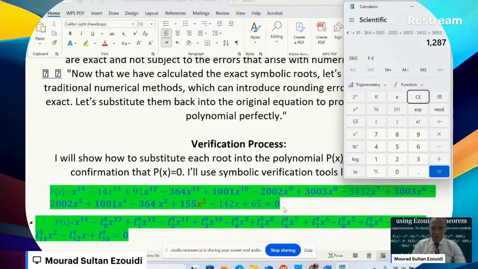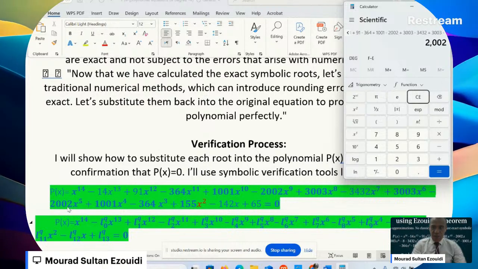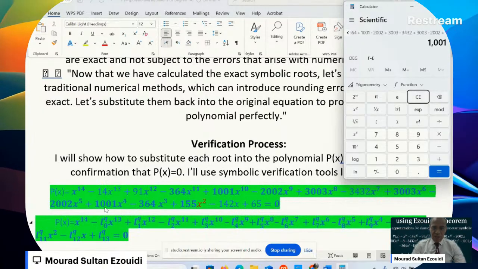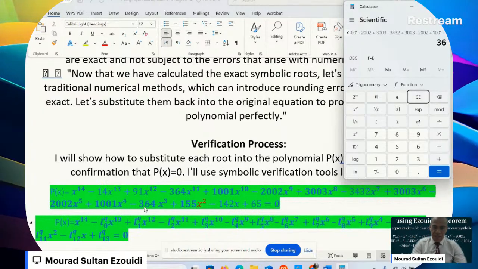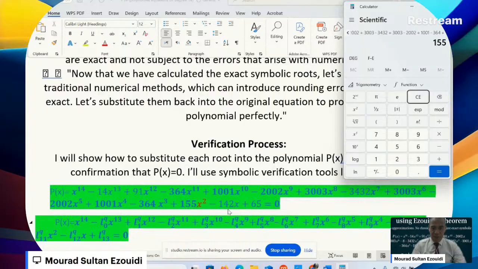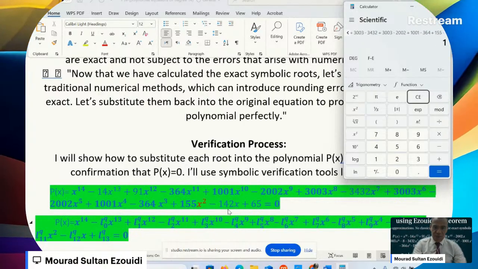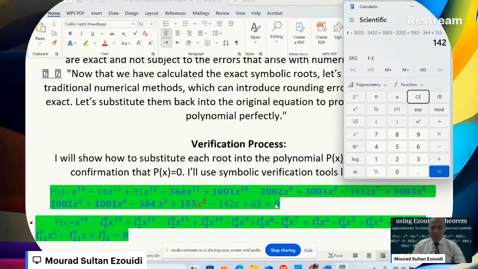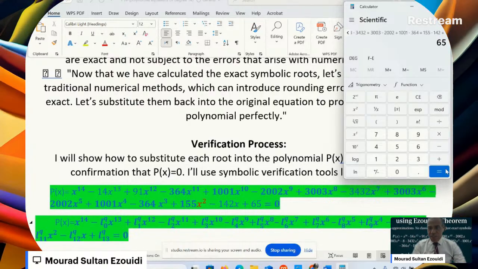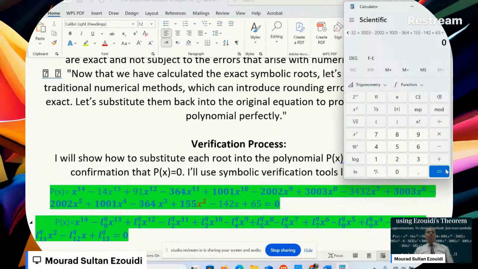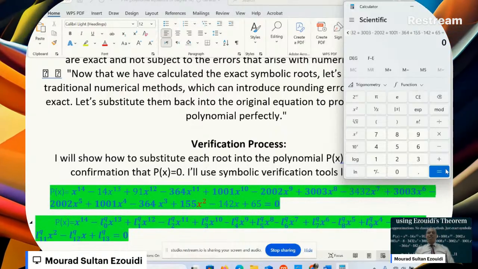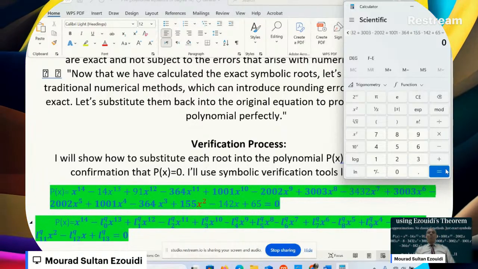Then minus 2002, then plus 1001, then minus 364, then plus 155, then minus 144, not 42, plus 65. This one, professors, is 0, meaning that Professor Mourad Ezouidi doesn't use approximation methods or guesswork.